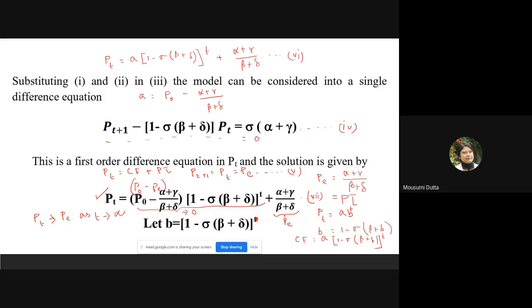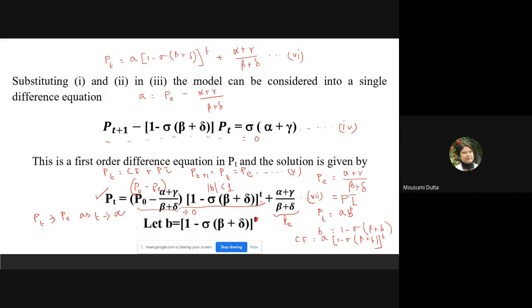Now B should move towards 0 if and only if modulus B is less than 1, or mod of 1 minus sigma into beta plus delta is less than 1. In that case, as T tends to infinity, since it is a fraction, the denominator will go on increasing, and B to the power T will move towards 0.